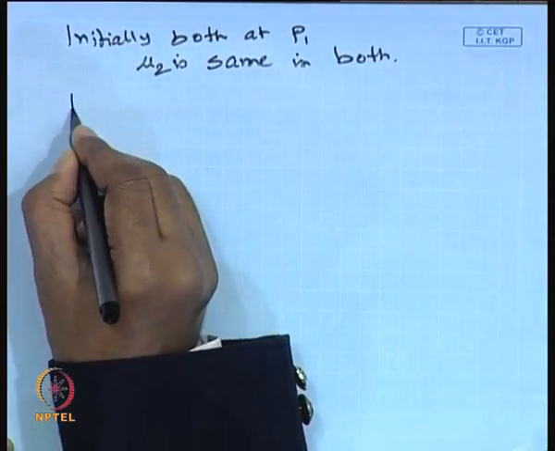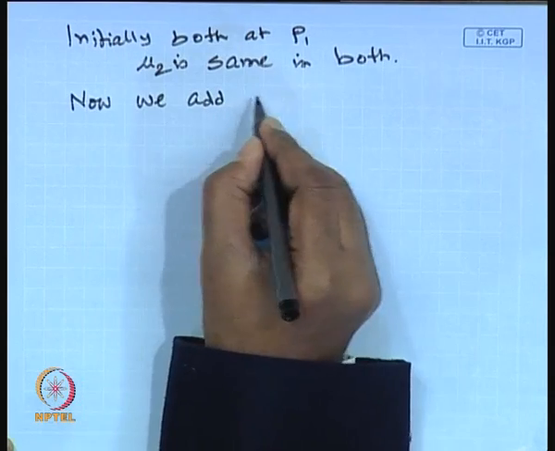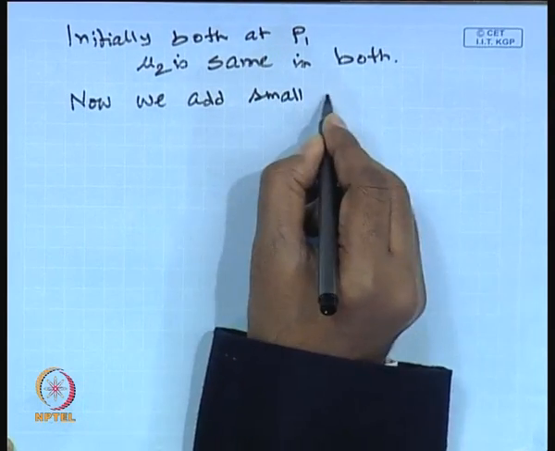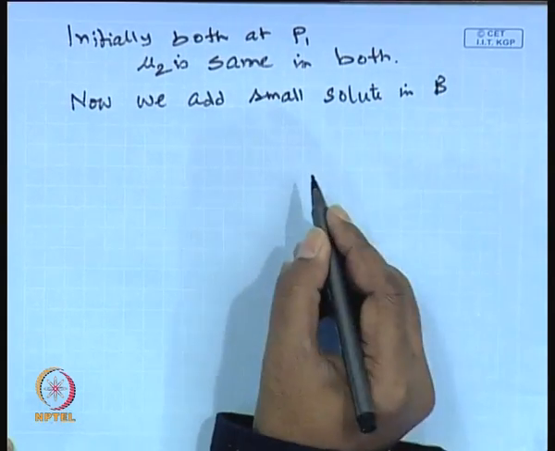Now, we add a small amount of solute in chamber B. So, B becomes a solution.